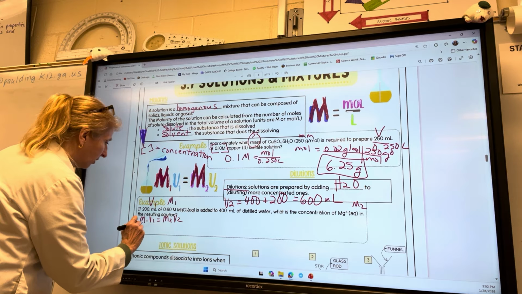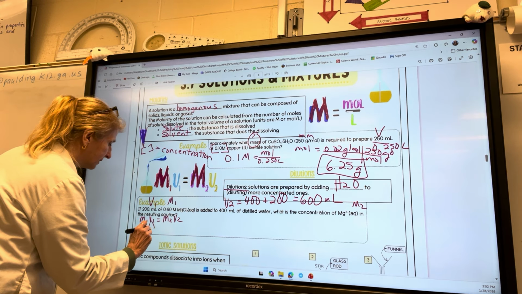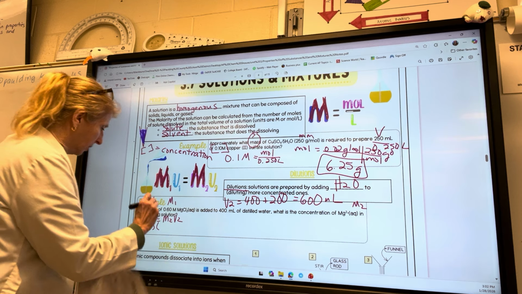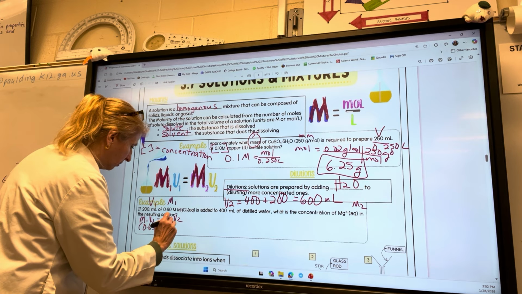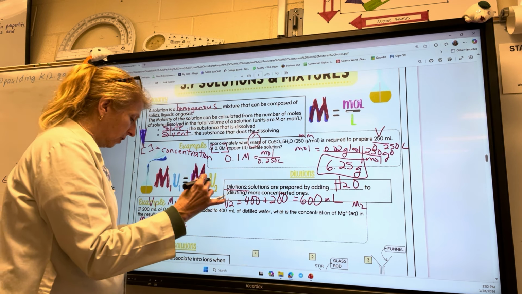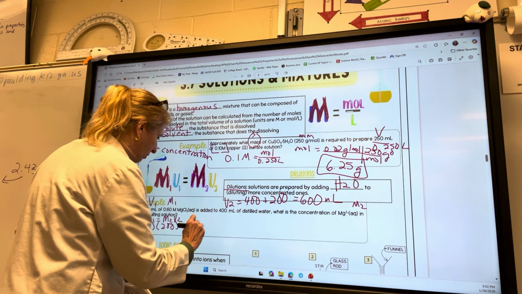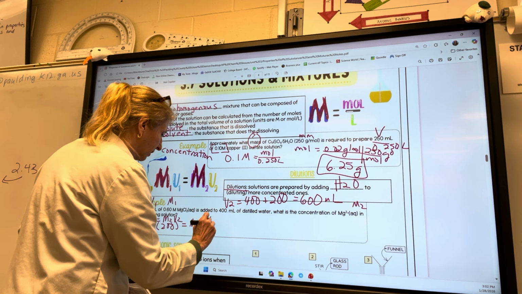So this is 0.6 times 200 equals M2 times 600.